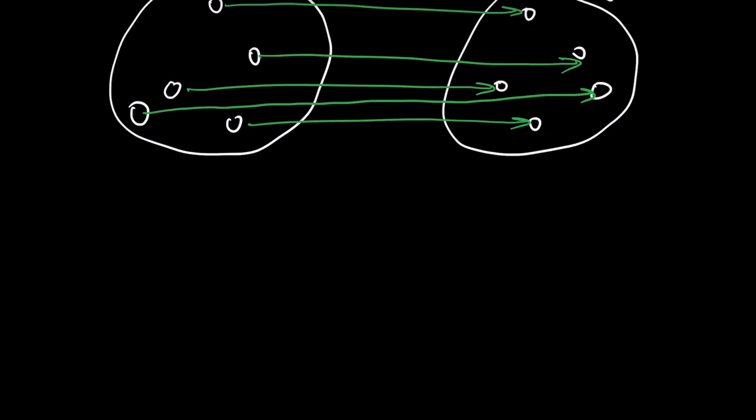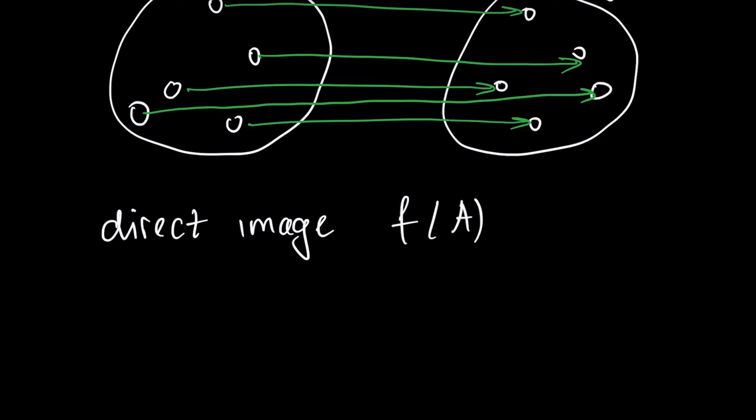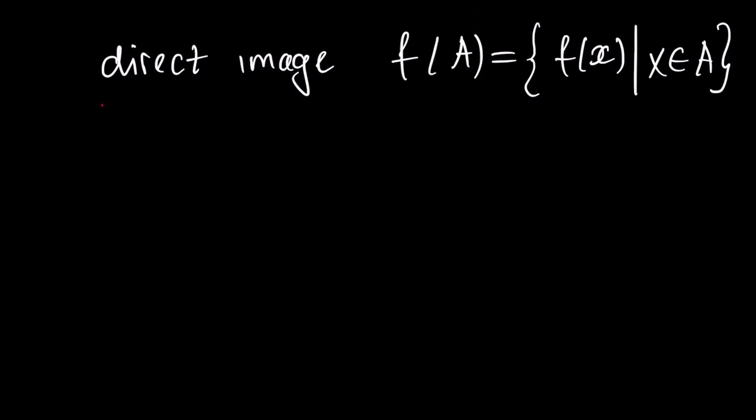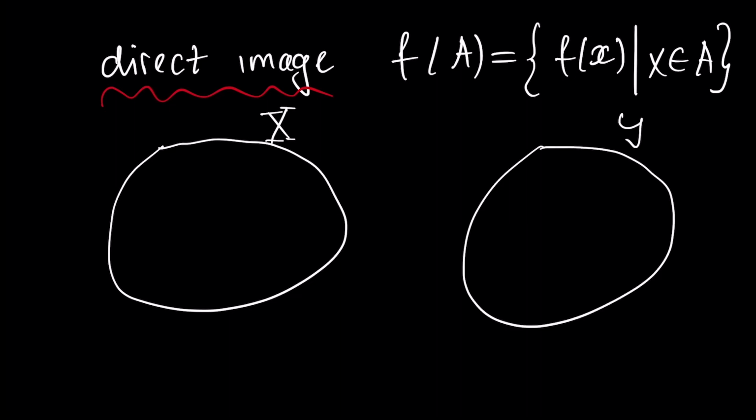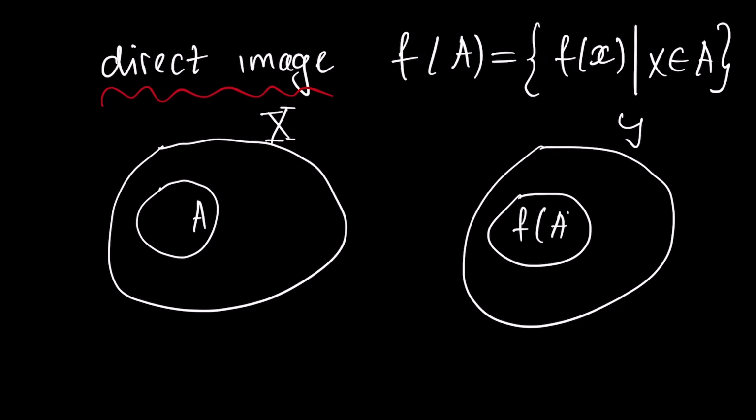Direct image. f of A by definition is all elements f of x such that x is in A. Let's draw a picture. Assume we have some set X, and here we have set Y, and some subset A is mapped into another subset f of A under this mapping f.